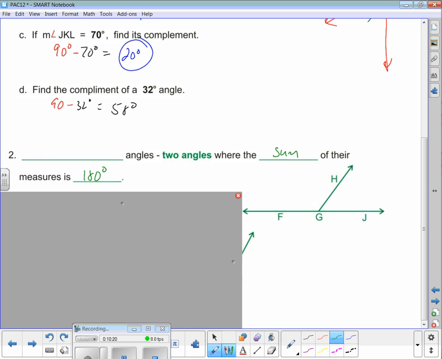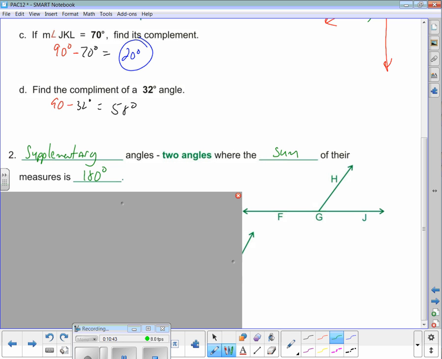Good choice. Supplementary. Spelled like supplementary. Supplementary. All right, supplementary.